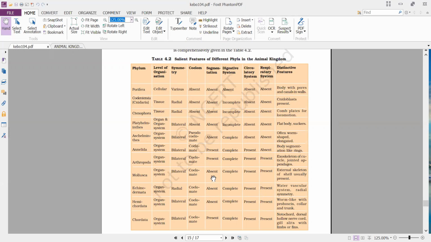In all other organisms, we don't find metameric segmentation or metamerism. In poriferans, coelenterates, ctenophores, platyhelminths, aschelminths, mollusks, echinoderms, and hemichordates, in all these organisms, the true segmentation is absent or is not observed.